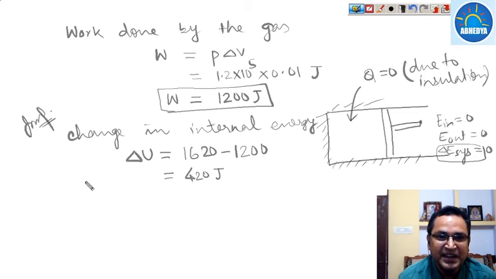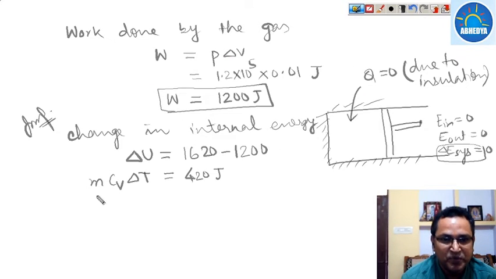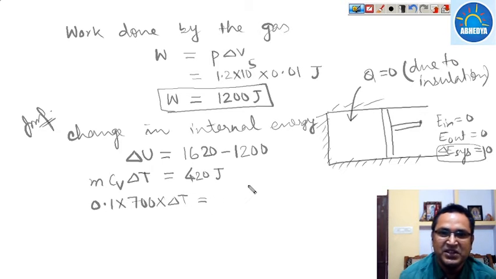And what about the internal energy? Internal energy is nothing but m C_V delta T. What is the mass? Mass is 0.1 kg. So 0.1 into C_V, given as 700 joule per kilogram Kelvin, and delta T is, due to this heat, obviously the temperature will rise.